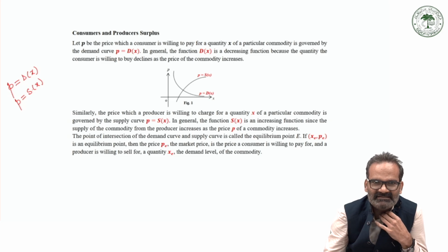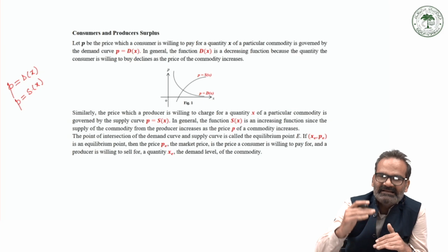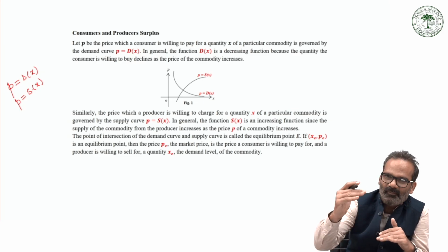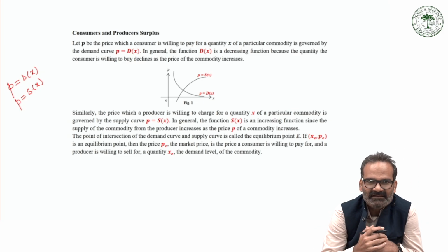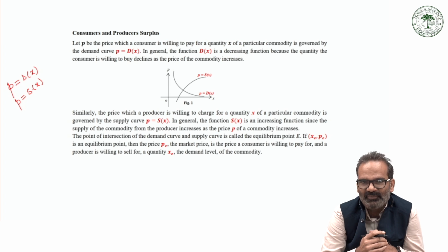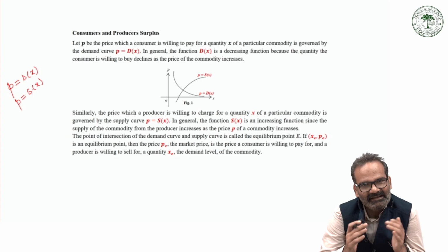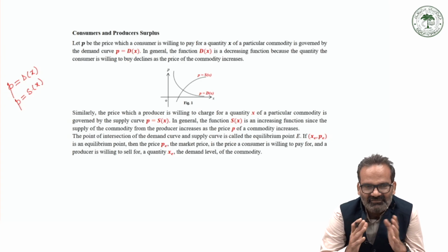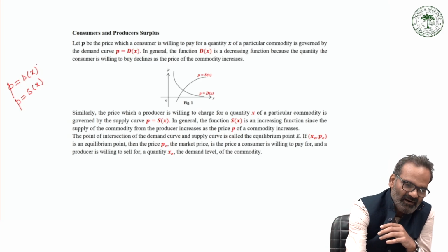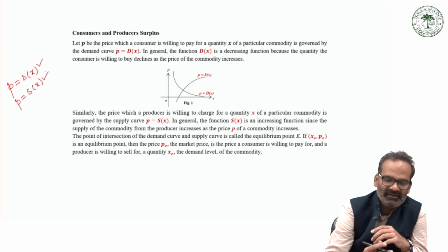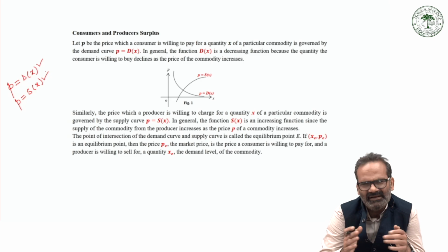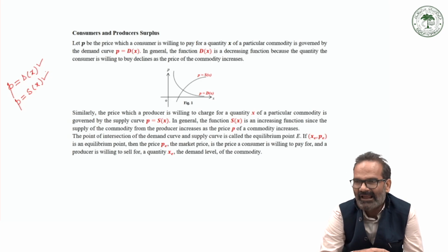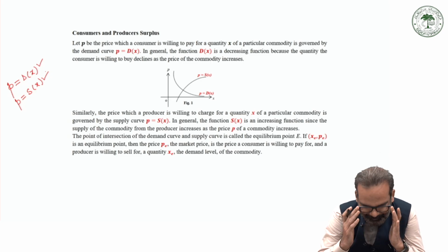It simply means the supply function is in general an increasing function. It goes upward because the supply of a commodity from the producer increases as the price of the commodity increases. So these are the two basic functions, respectively known as the demand function and supply function, which are very frequently used in economic activities, right?